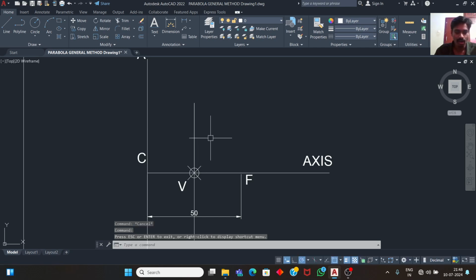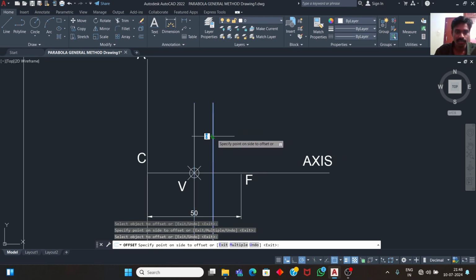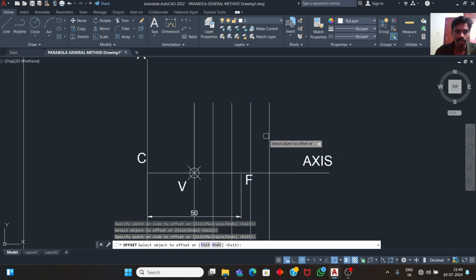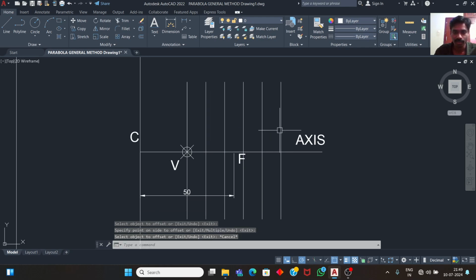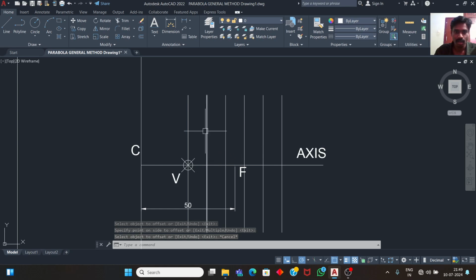The offset command shortcut is O, enter, and specify the offset distance, that means 10 mm. 10 mm distance between two lines. So click on this line and click on how many parts you want. You can keep on clicking. Okay, I have offset this line into 5 lines, 5 parts.